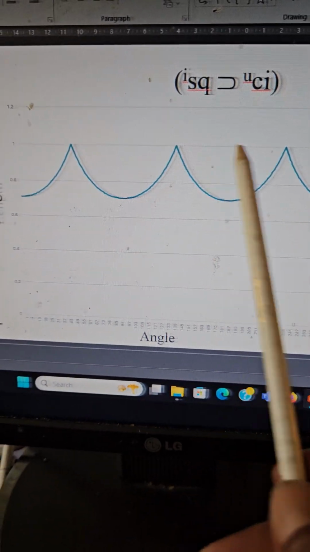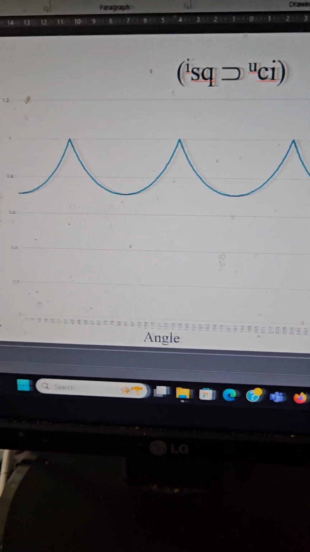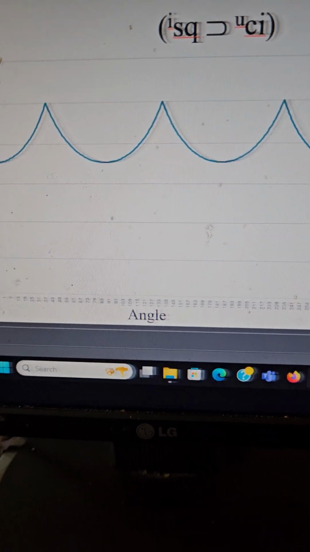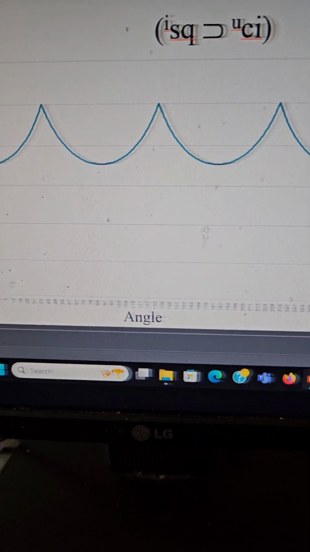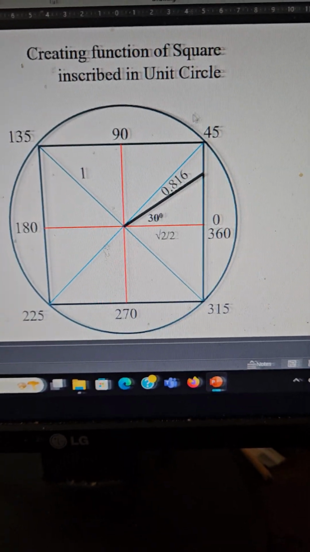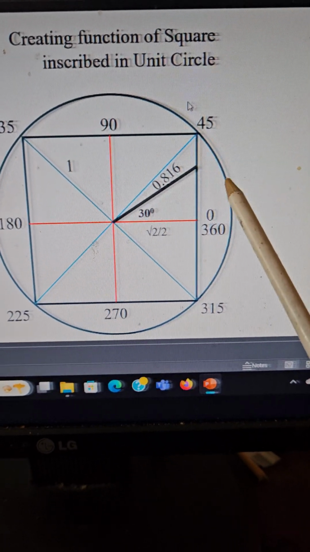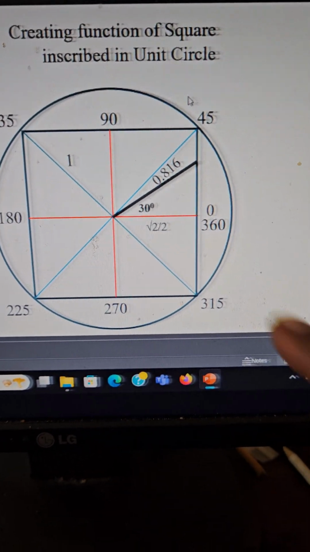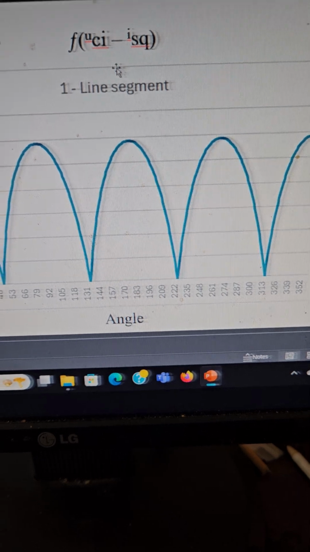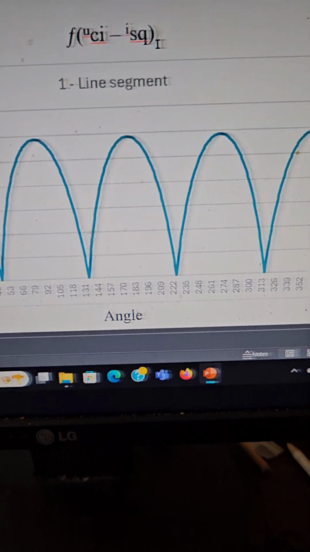So that's what we get, a square, and that is a function. But is it what we're looking for? Maybe not. Let's subtract the length of the inscribed square from the unit square, so it's all 1 minus the inscribed square.